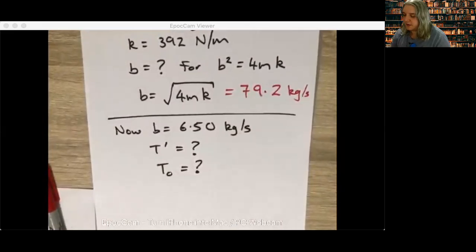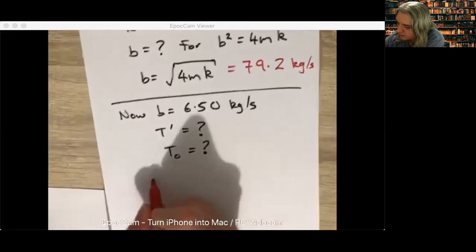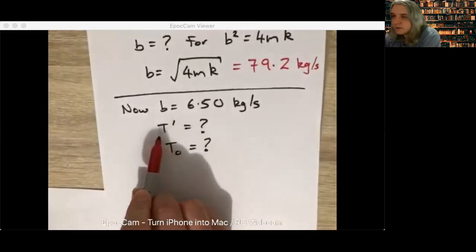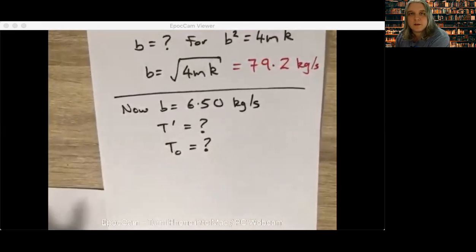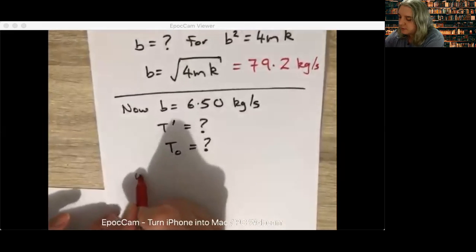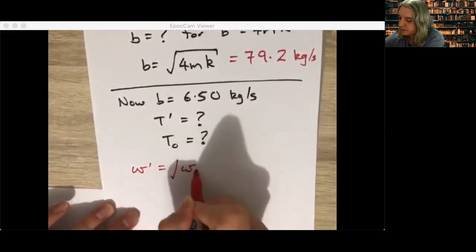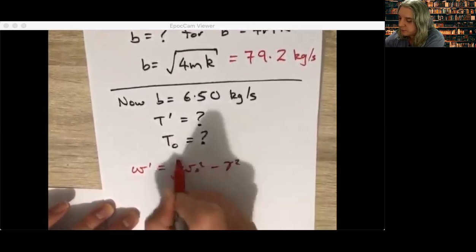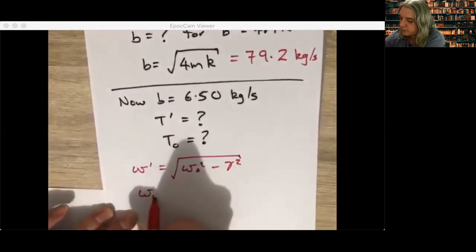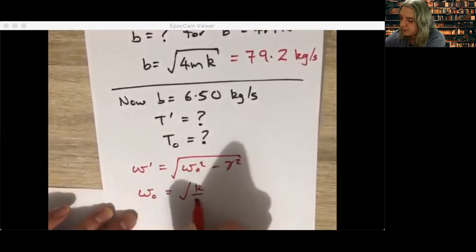So we look at our formulas for the adjusted angular frequency. We're looking for a period, but obviously our formulas all tell us about the angular frequency. So omega prime squared is omega naught squared minus gamma squared, and omega naught is equal to the square root of k over m.